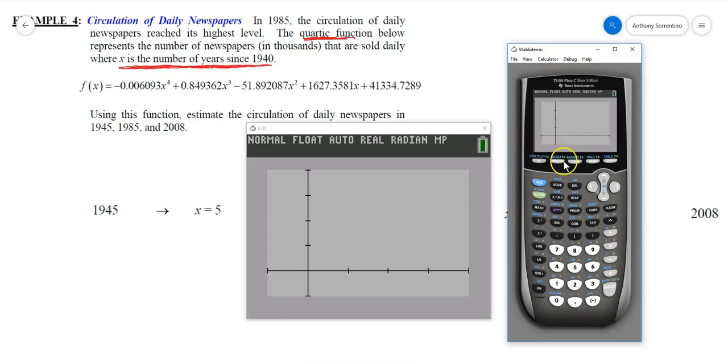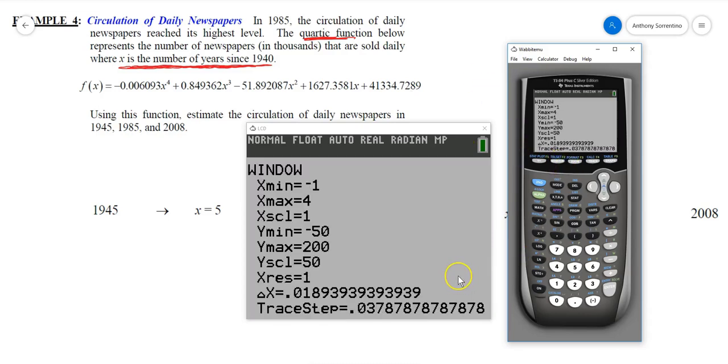So I'm going to adjust my window accordingly to make it fit better. I know I want to have something over here in the negative so I can see my axis. But maybe I'd like to go to 70 to see what goes on with my x values. I don't necessarily want to go by ones because this will make my axis look kind of yucky. I'll go by tens.